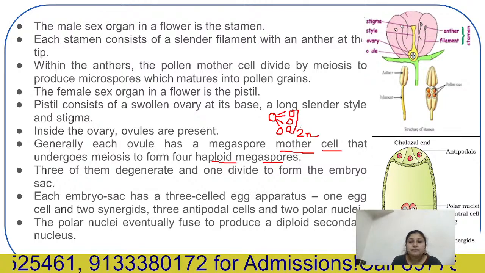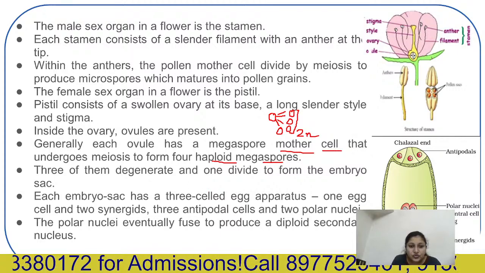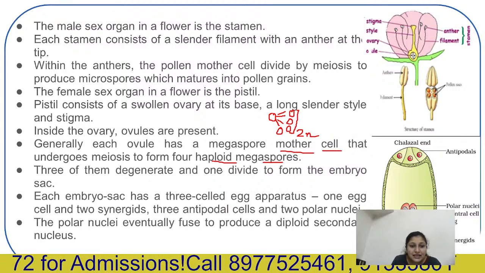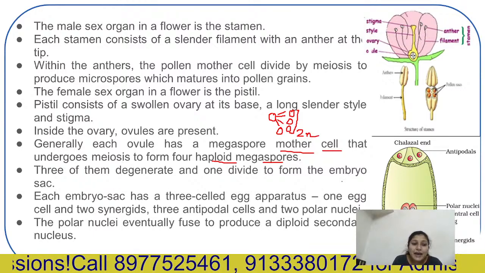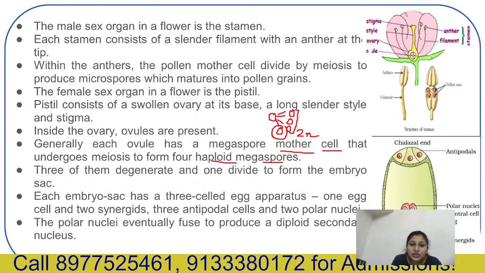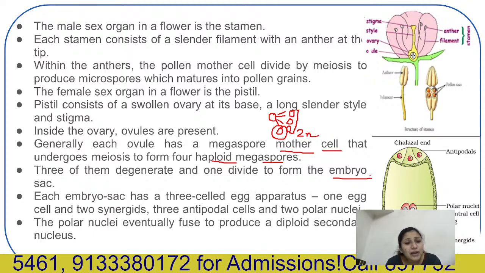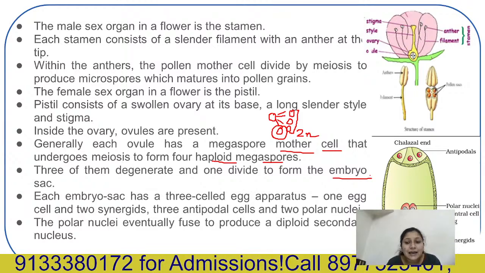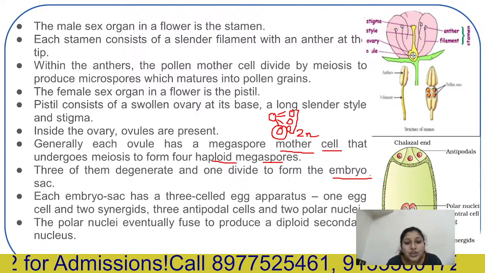Among these, three get degenerated, and only one is functional, which divides to form the embryo sac. Each embryo sac has a 3-celled egg apparatus, 1 egg cell and 2 synergids, and 3 antipodal cells.